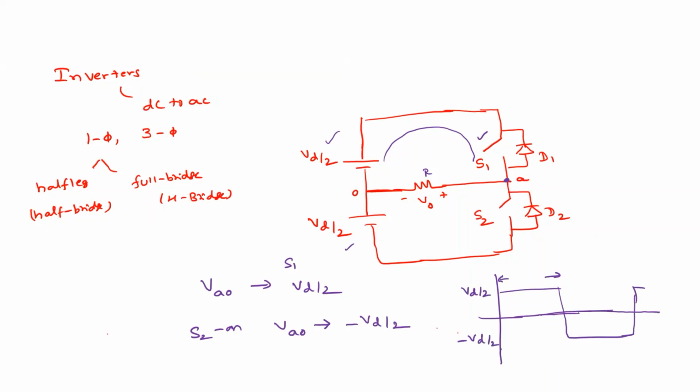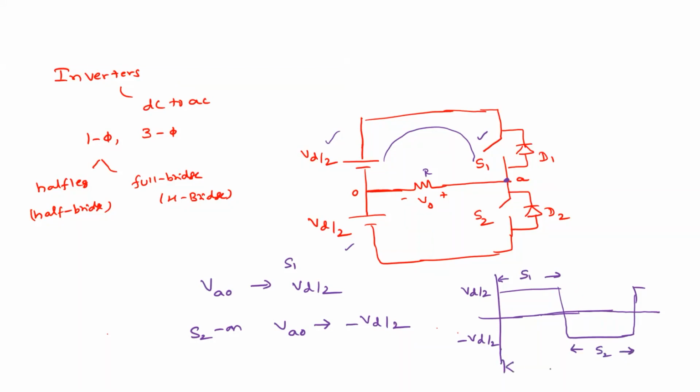This is the output voltage. During this interval, which switch is on? S1. During this interval, S2 is on. The output voltage varies from plus VD by 2 to minus VD by 2.